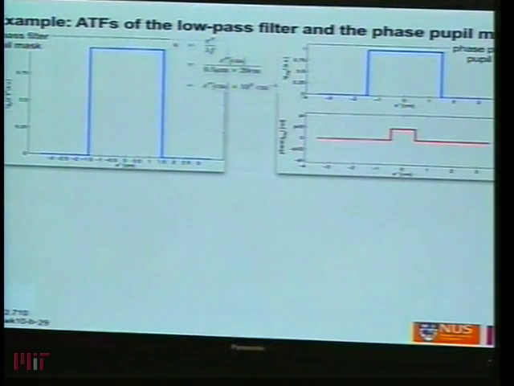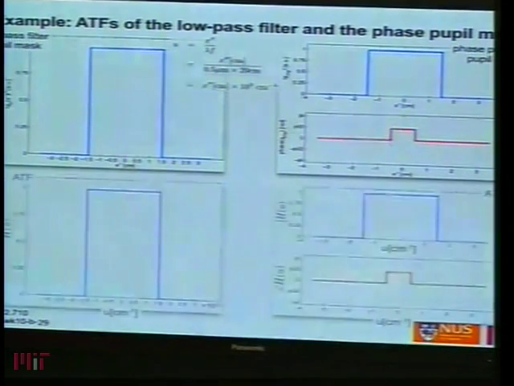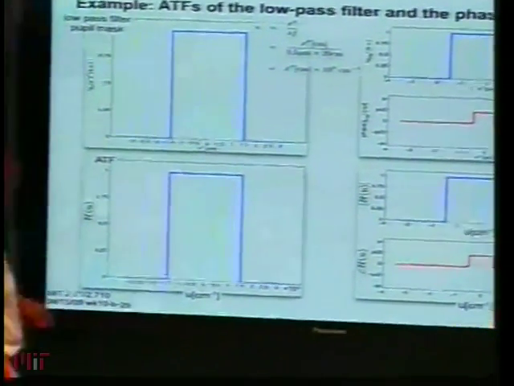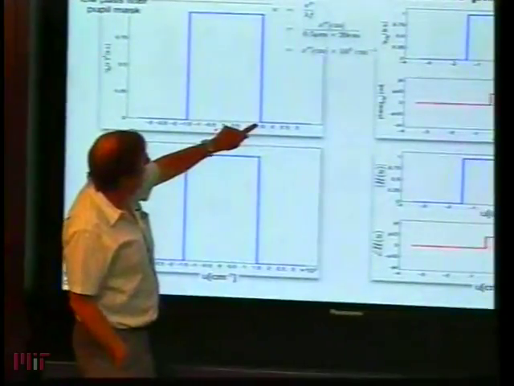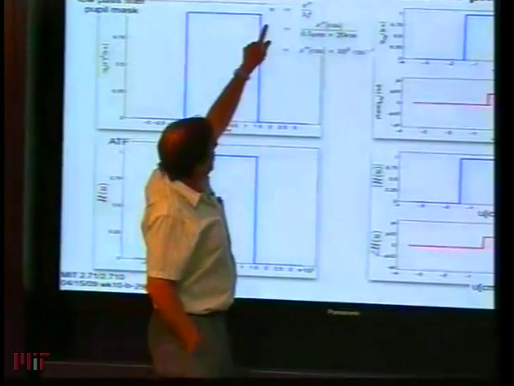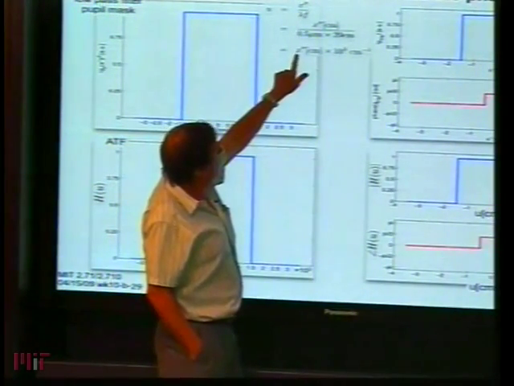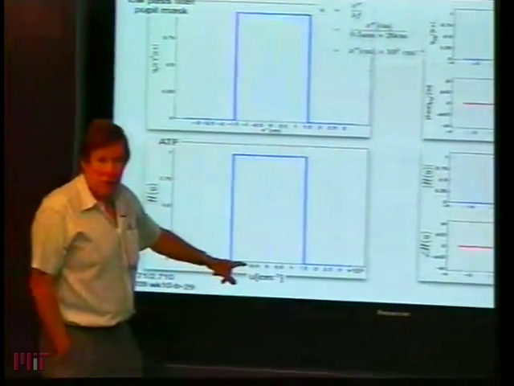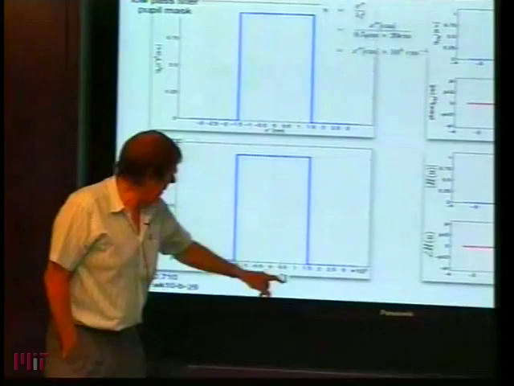That's the scaling of our transfer function. And then finally, this is what the ACF is going to be, 1.5 times 10 to the 3, which is what this shows here in this diagram.